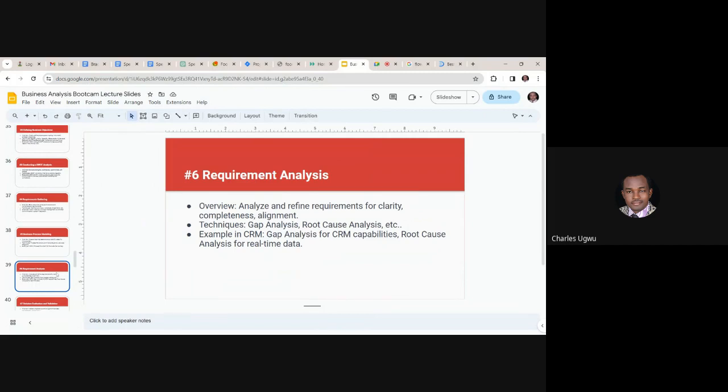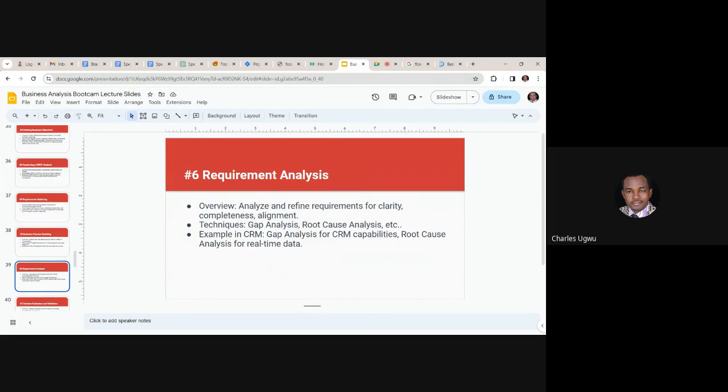Another component is requirement analysis. One, you need to capture requirement through data gathering. After capturing data through requirement gathering, you need to document the data that you've just collected through the process flow that I've just shown you.